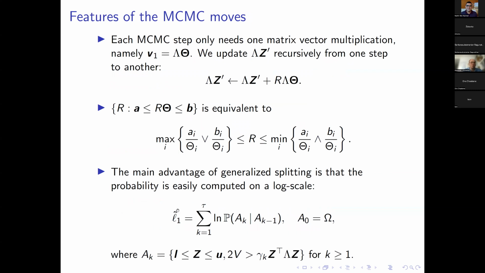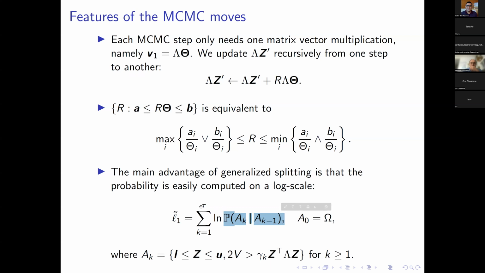What else can I say? So the advantage of something like splitting is that you get an estimate of the probability on a logarithmic scale. Splitting is a special case of sequential Monte Carlo methods. So you get these probabilities represented as products.